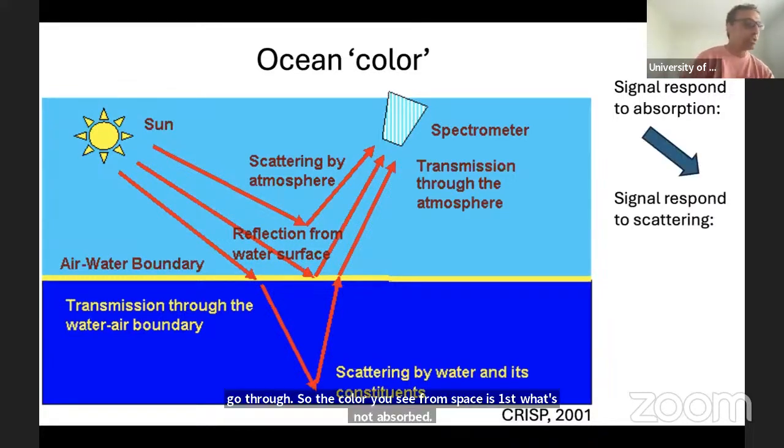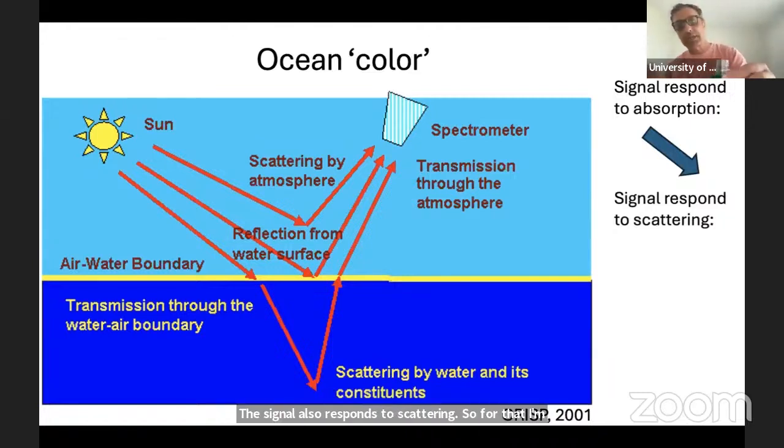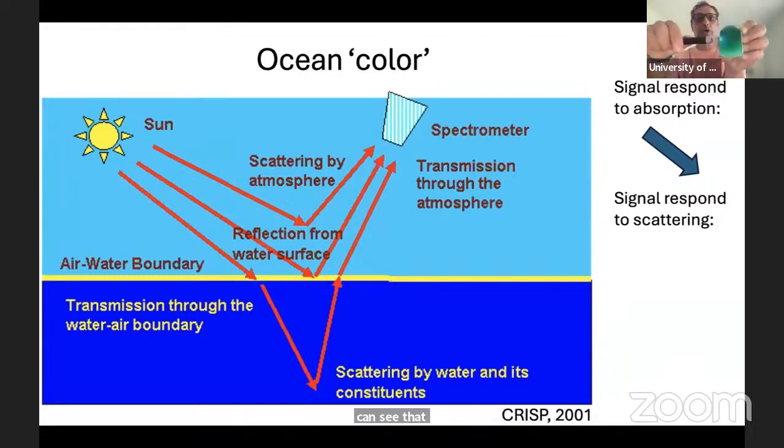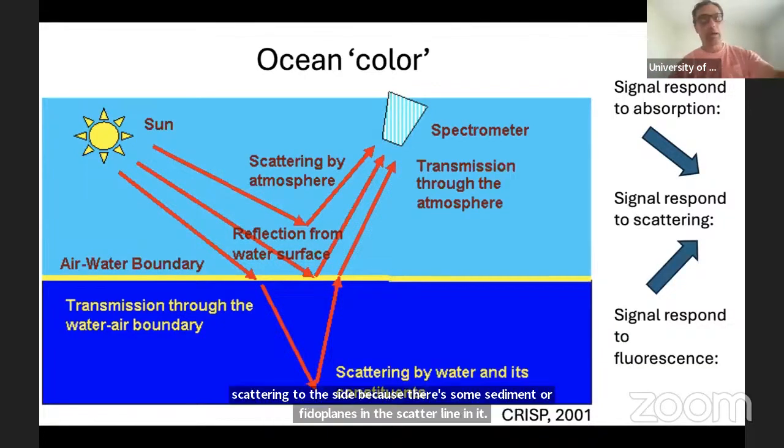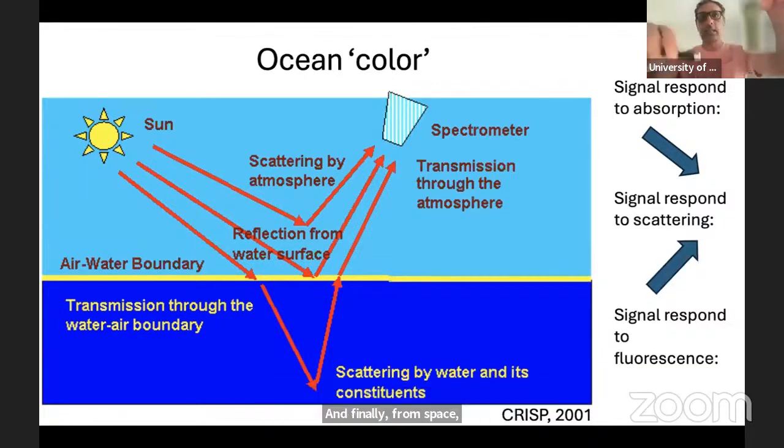The signal also responds to scattering. For that, I'm adding to the same water some scattering agent, and you can see that laser because I'm now shining into scattering to the side, because there's some sediment or phytoplankton that scatter light in it. And finally, from space, we can see a signal that's only from phytoplankton, which is fluorescent.